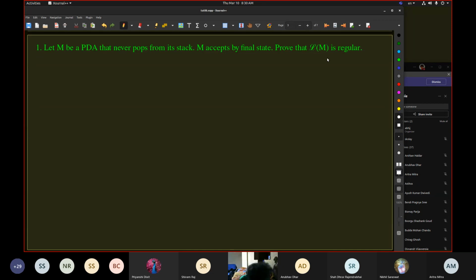So the input is M, which is Q, sigma, gamma, bottom marker, delta, S. I will construct an NFA or epsilon NFA.